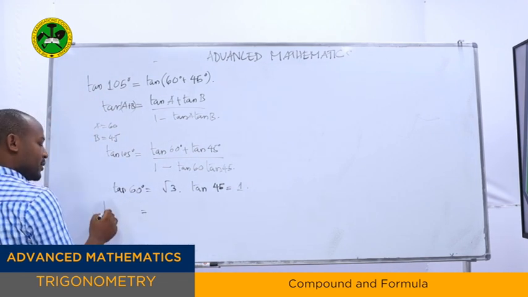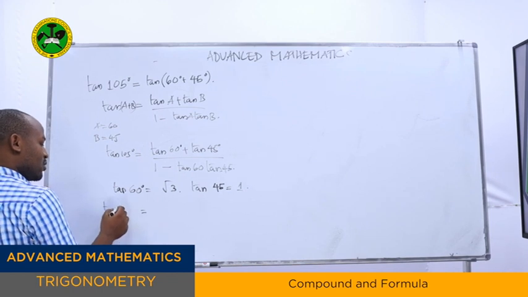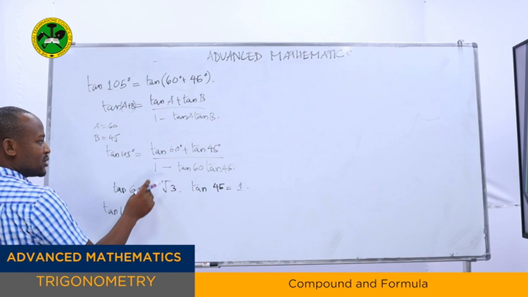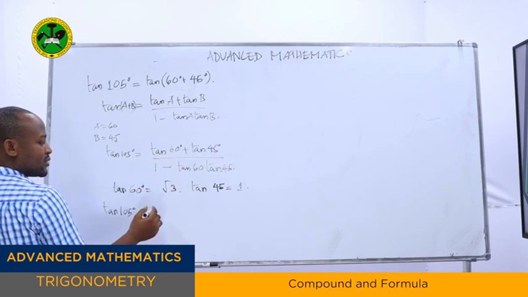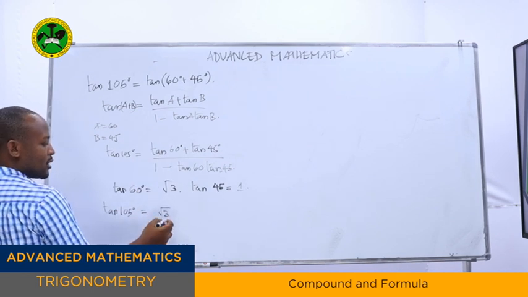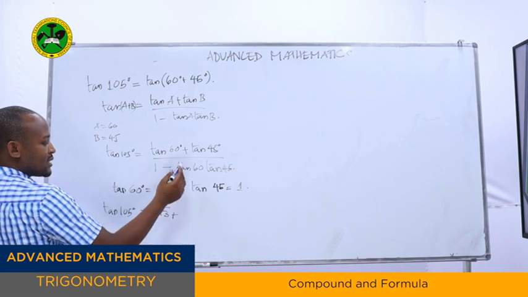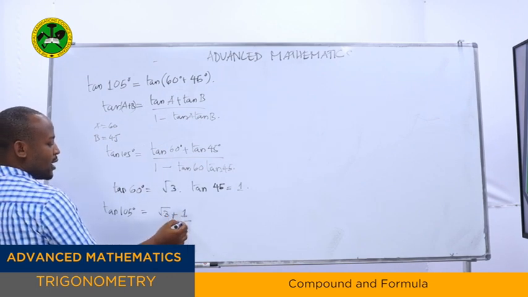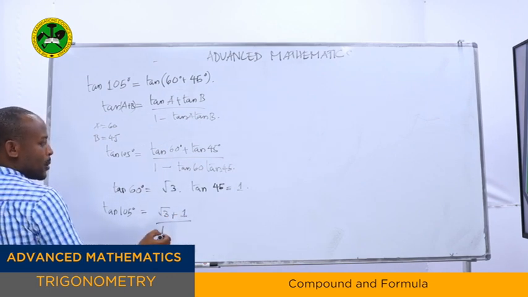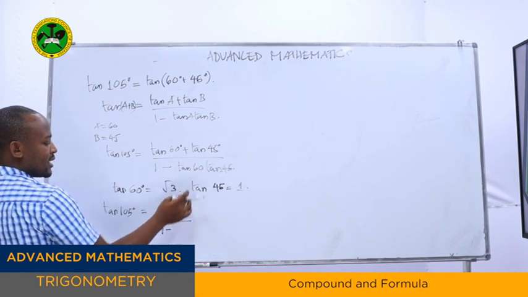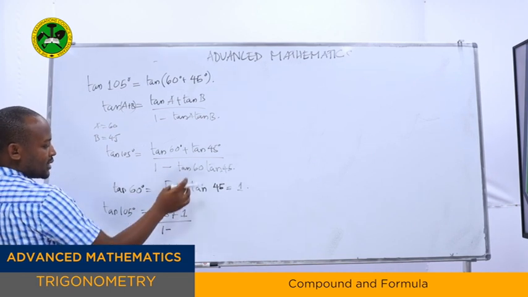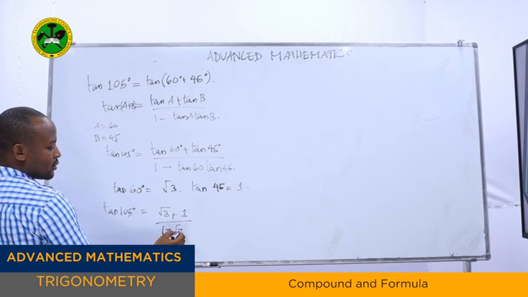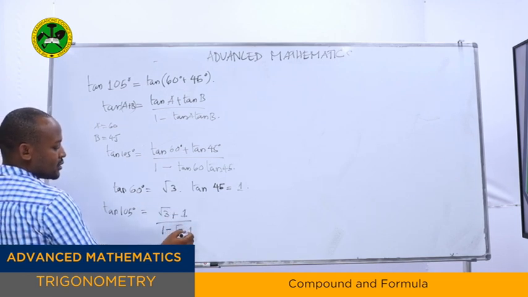That means we say tan of 105 degrees equals tan of 60, that is under root 3, plus tan of 45, that is 1, over 1 minus tan 60, that is under root 3, times tan of 45, that is 1.